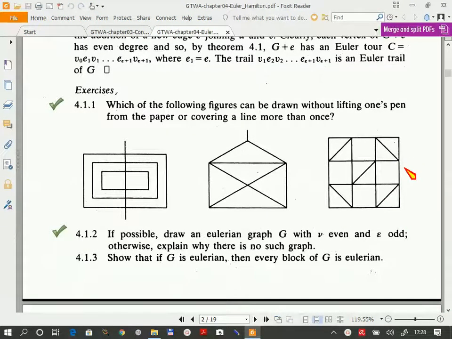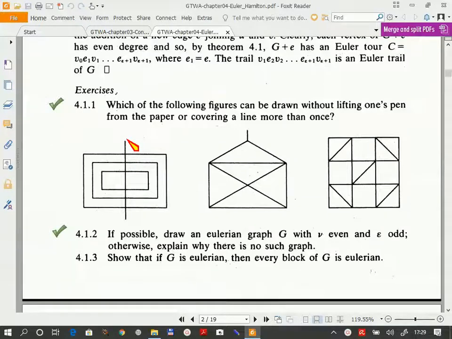And you can use this for these children's puzzles. Which of the following figures can be drawn without lifting one's pen from the paper or covering a line more than once? You can know that by seeing what the degrees of these vertices are. Here I have vertices of degree 2, here degree 4, 4, 4, 4, 4, 4, 1 and 1.